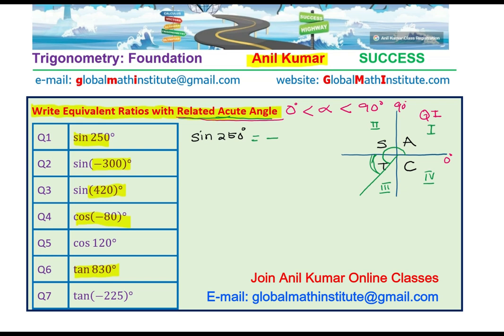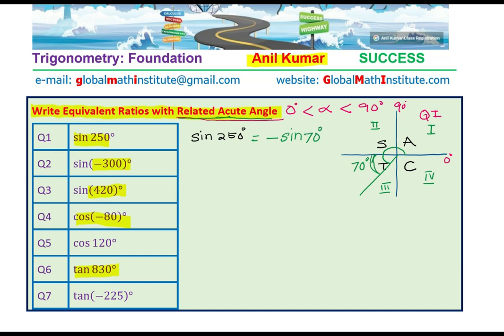So that gives you an angle of 70 degrees, correct? 250 minus 180 degrees will give you 70 degrees. And therefore, we can write this as sine of related acute angle 70. You get the whole idea. So two things you have to find: the angle which the terminal arm makes with the horizontal and the quadrant in which the trigonometric ratio is.